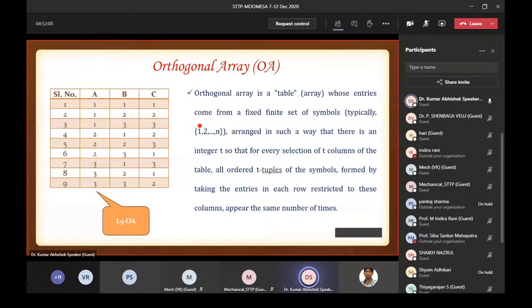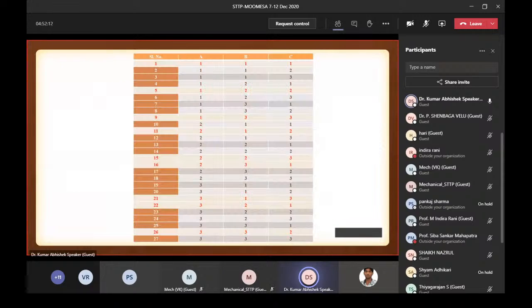If you look here, if the factors are A, B, C, then B, C, A. This is called the lattice matrix.